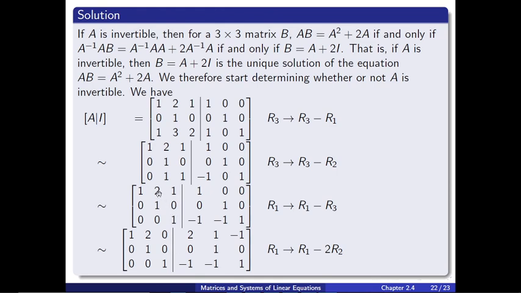For us to make this a 0, we use this row to make this a 0. So we say R1 minus 2 times R2, which is the row operation there, right?